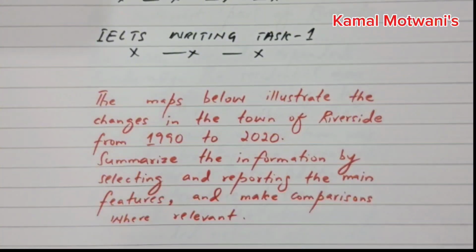So let's first see how maps are given by the examiner. I will discuss different examples with you, how different types of maps are given by the examiner, and how you can crack those maps while sitting in the real examination hall. So here are few examples that I have kept with me to illustrate in this video.